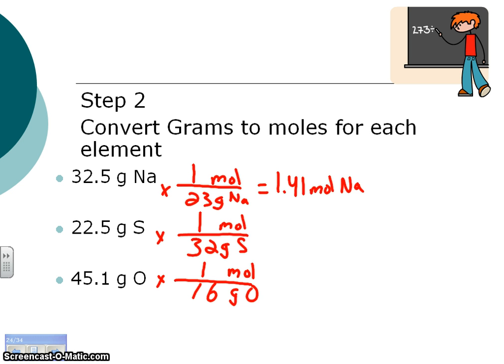All right, if we did the same for sulfur, that gives us a value of 0.703. And for oxygen, it gives us a value of 2.81.